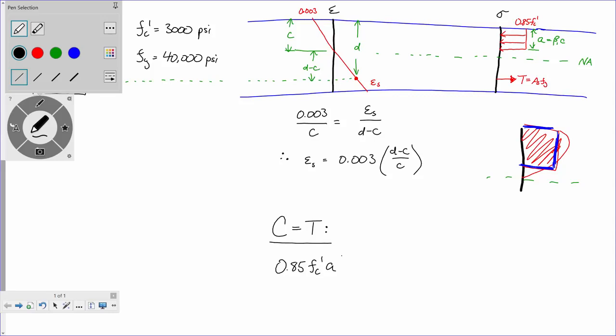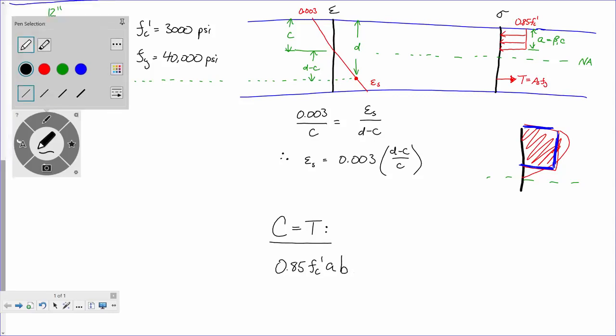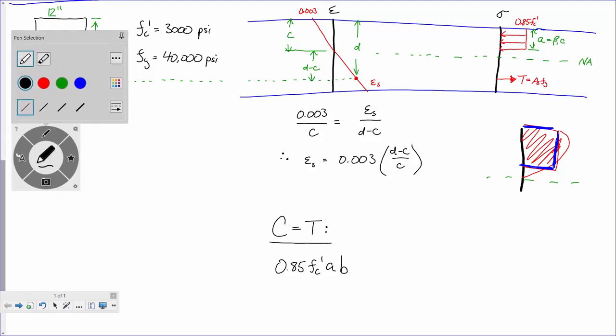So it's acting over that, what is it, 12 inches? Because the beam's 12 inches wide. So it's 0.85 f'c a b, right? That's the compressive force in the beam. It must be balanced out by the tensile force in the beam, which is the area of steel times fy.